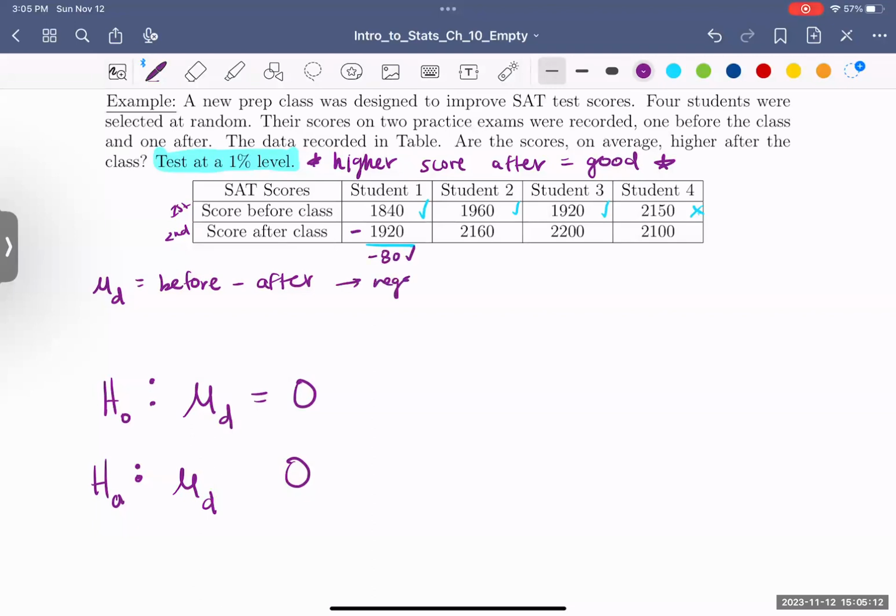So negative difference is good in this case. Note that in our last example, positive difference was good. Here we want mu sub d to be less than 0. That's our alternative hypothesis. That's what we're trying to show here.